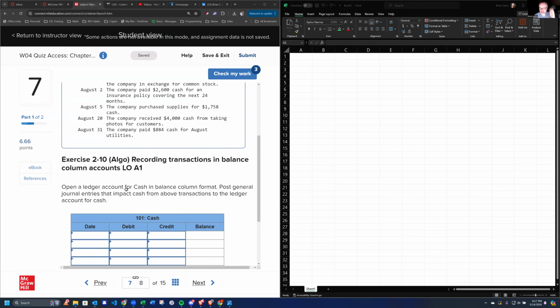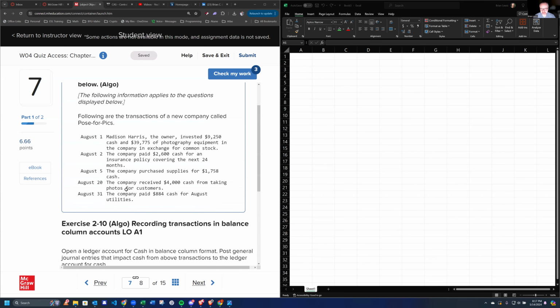Okay, so let's show you how these transactions happen in full, and then we'll focus on the cash side of things. The way I like to do these journal entries, they typically come in with a reference, a date, and usually a description of some sort, and then you'll have a debit and a credit column.